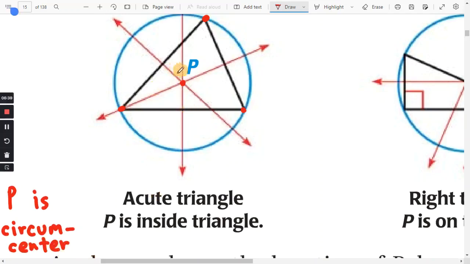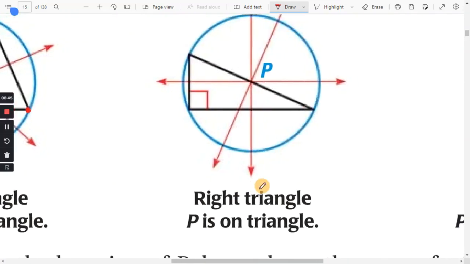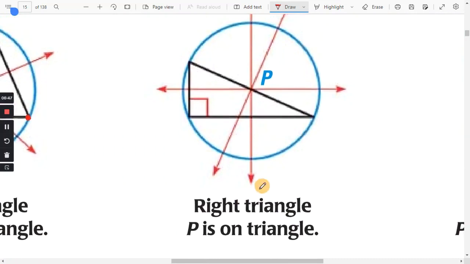So for the acute triangle, the center of the circle, P, is inside the triangle. Then for the right triangle, again, you draw the circle so it hits all three vertices of the triangle. You draw in the perpendicular bisectors, and they meet on the triangle for a right triangle.